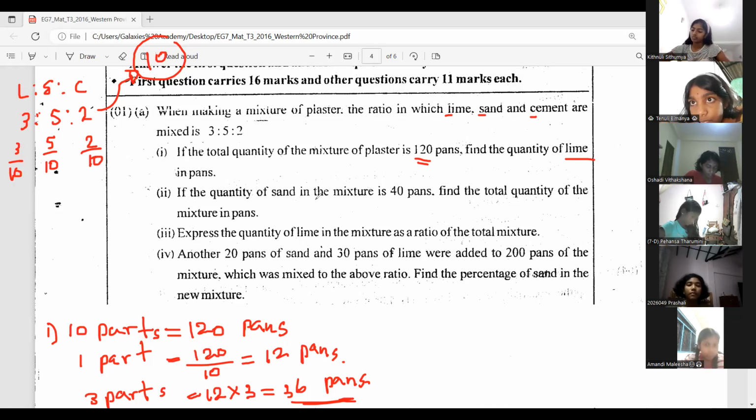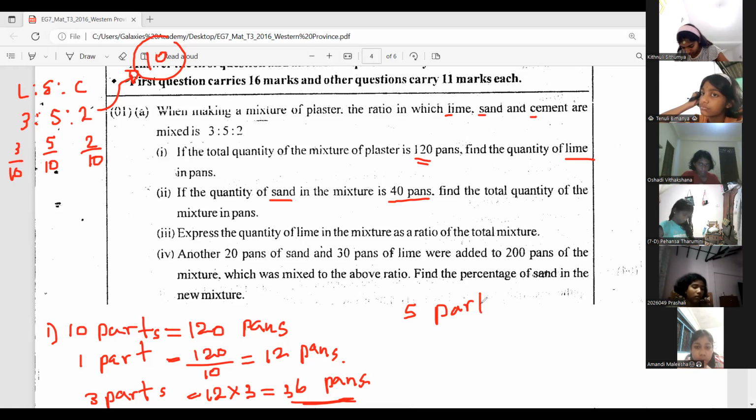If the quantity of sand in the mixture is 40 pans, right? Sand, 40 pans. Find the total quantity of the mixture in pans. Right. Sand. How many parts of sand? There are 5 parts, no? The value of 5 parts is given in this second part question. 5 parts is equal to 40 pans. Okay.